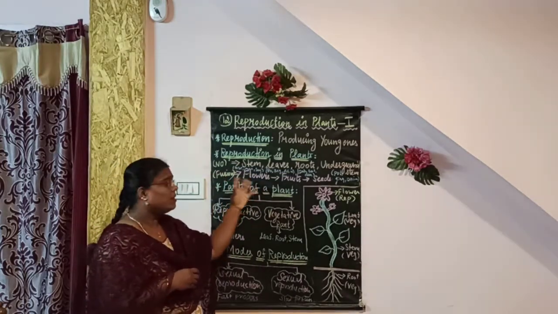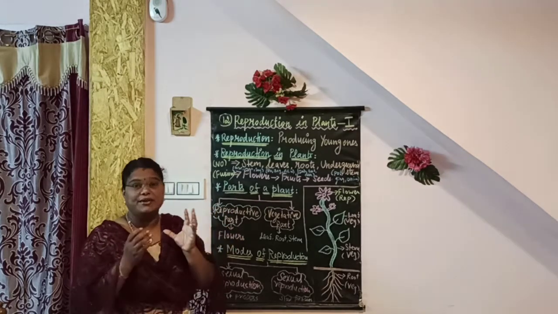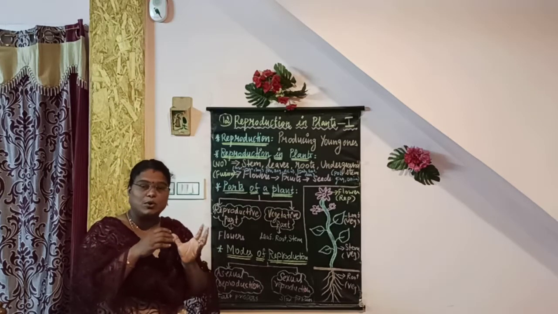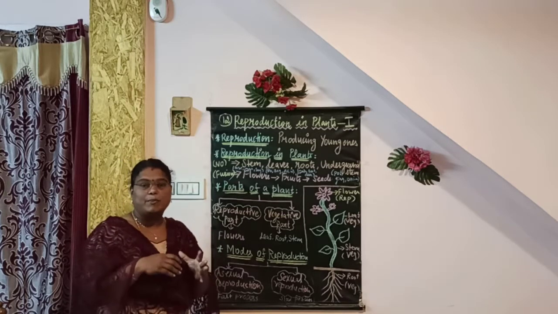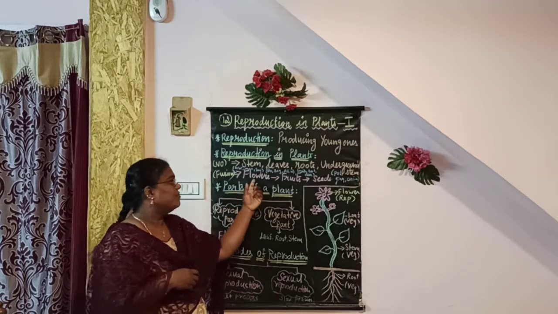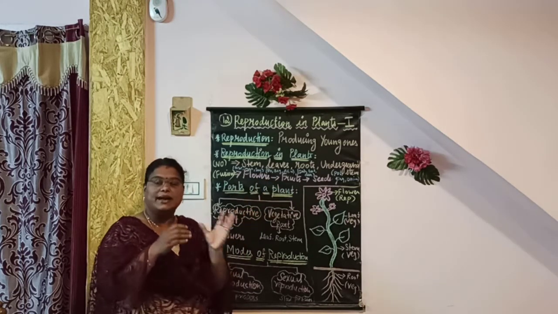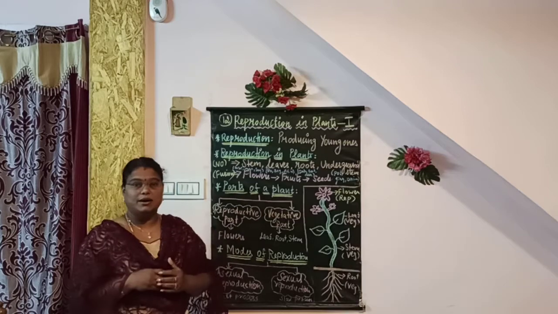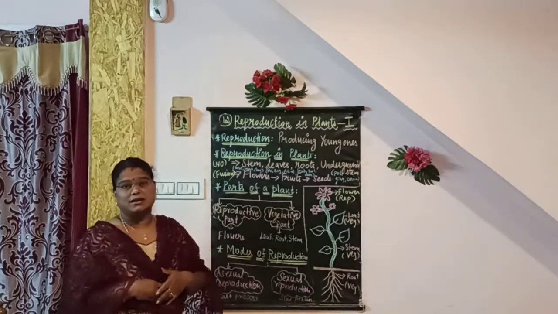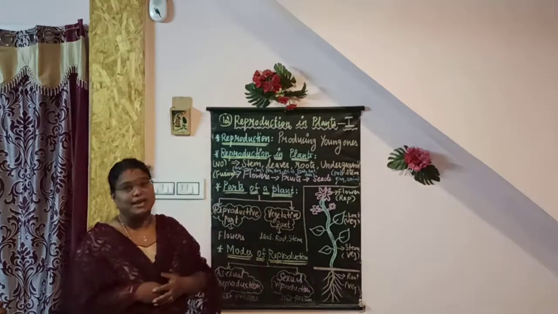But flowers alone undergo fusion of male and female gametes, and that process is called pollination, and after pollination fertilization takes place, and after fertilization fruits are formed from flowers, seeds are formed from fruit, and from seed new young ones are produced. So these are the various ways in which plants reproduce their young ones.